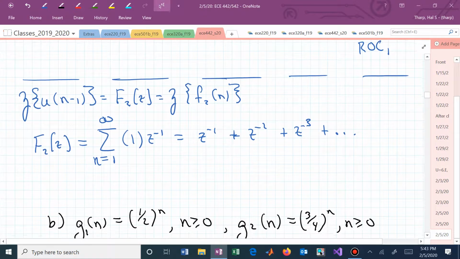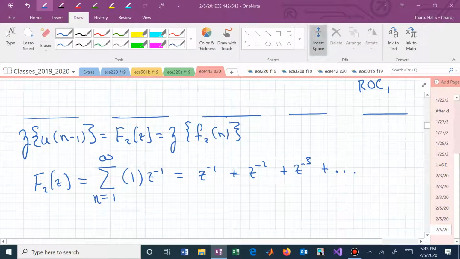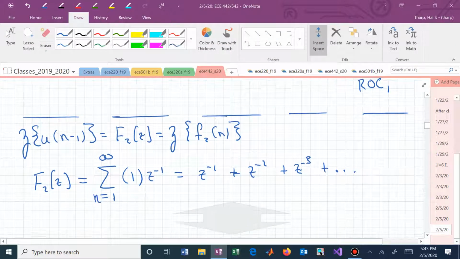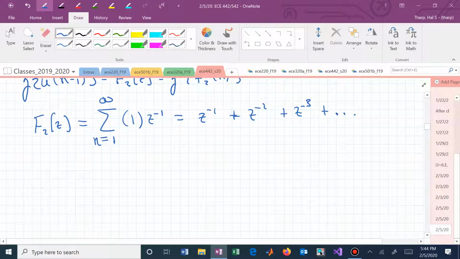And when is this tail going to be okay? Or when does that series converge? Oh, that 2 doesn't look very good. That was a 2. I looked at it and thought I had 2z to the minus 1 summed together.